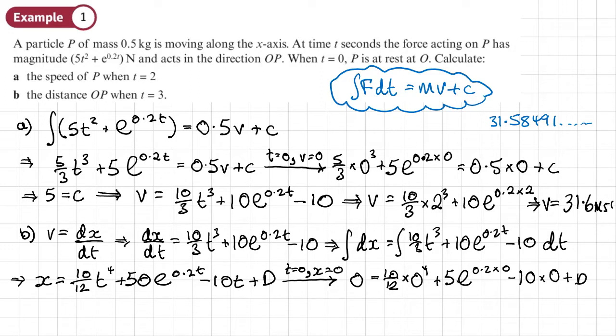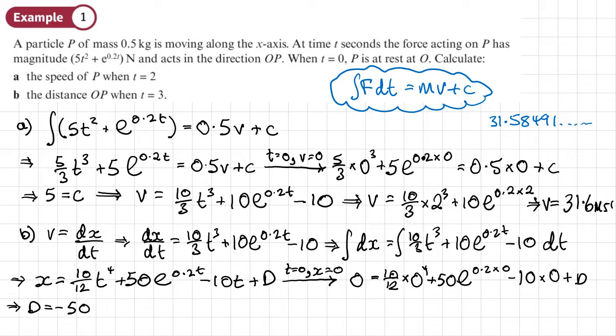So I just realised that should be 50, not 5. I'm not sure why I wrote 5 down, I actually wrote 50 here, so plus 50. So from this we can work out what d is. So this part's gone, that's 0. This part has gone as 0. So we've got 0 equals 50 plus d, which means that d is equal to minus 50.